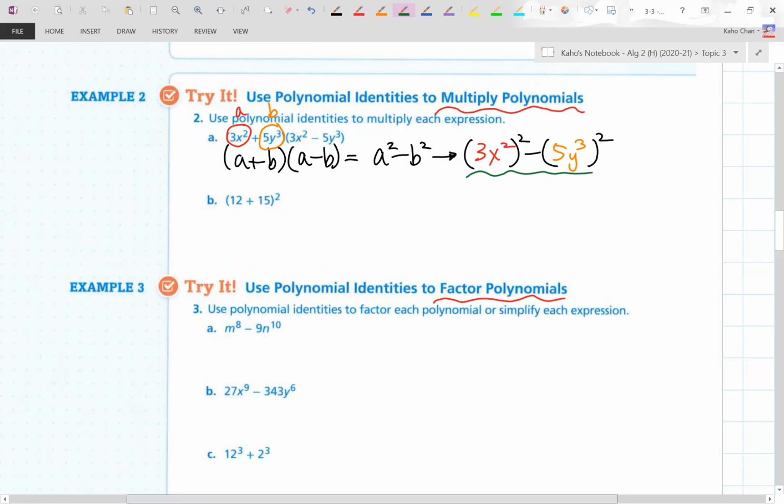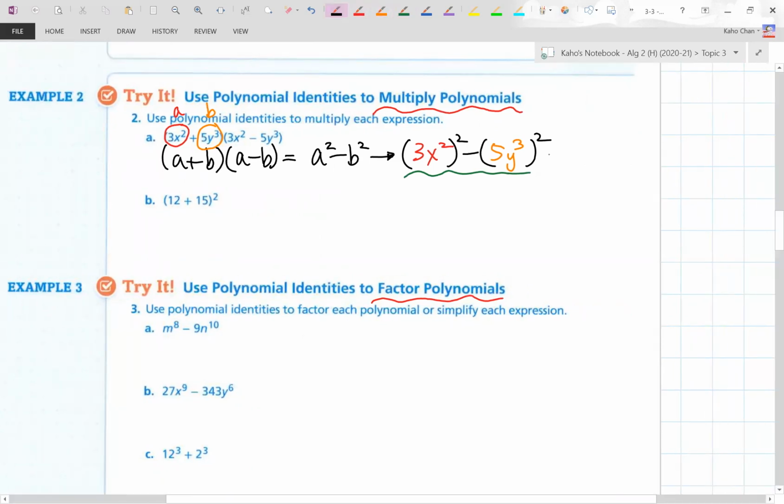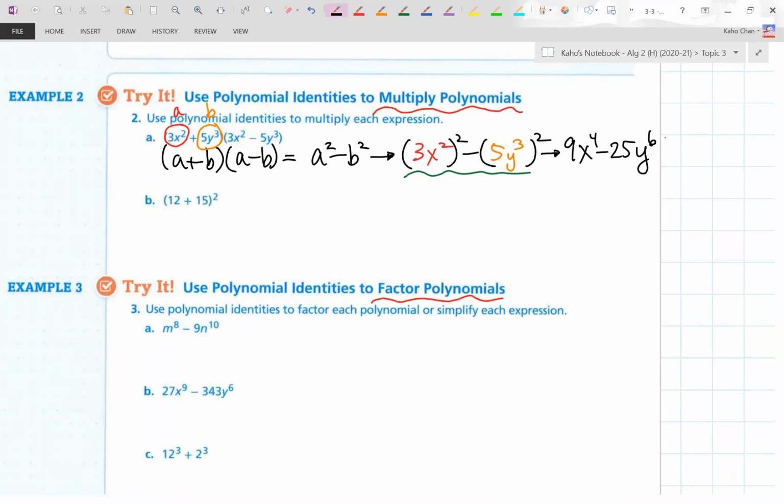That's the key to these patterns. It's not the end of the world if you don't do that. 3x squared squared is literally 3 squared is 9, x squared squared is x to the 4th. Minus 5 squared is 25, y cubed squared is y to the 6th using power rule. And that is the answer. Could you have gotten that just by foiling it? The answer is yes.